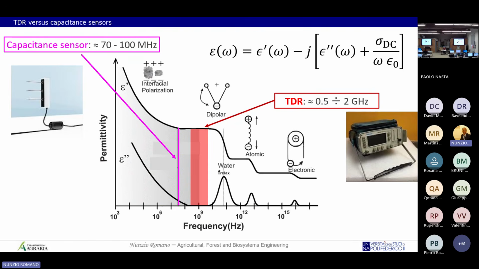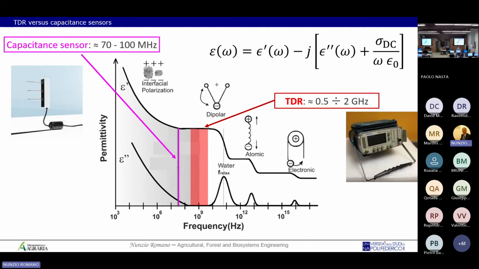I don't want to say that the capacitance sensors are not good. No, this is only, again, to go a little bit into detail of the functioning principle of the two probes, just to give you an idea of the difference between these two sensors, and of course the TDR is more expensive than the capacitance sensor.